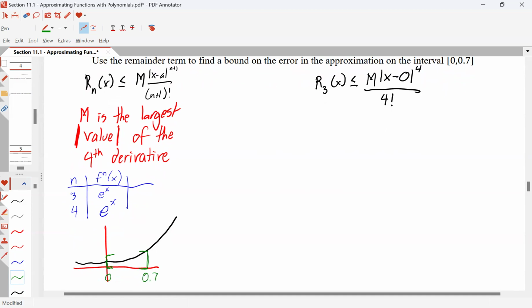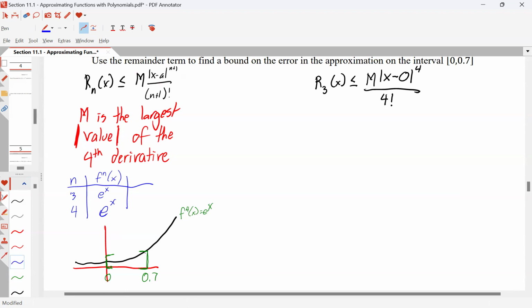M is the largest value on this interval. Well, e to the x is an increasing function, e to the x referring to our fourth derivative.